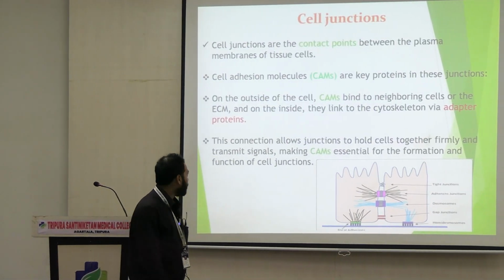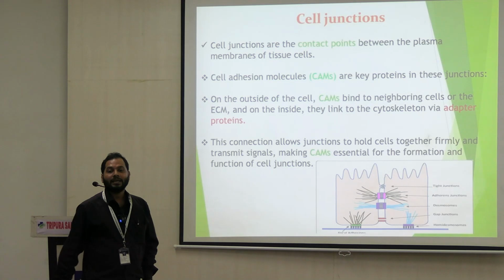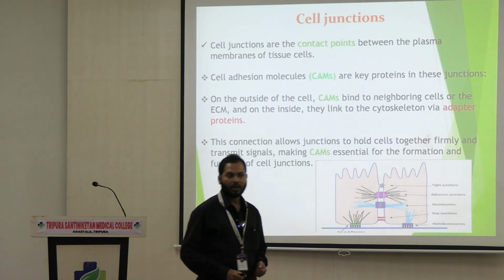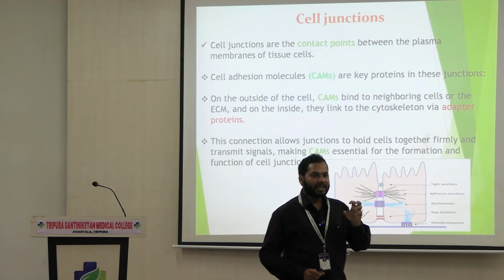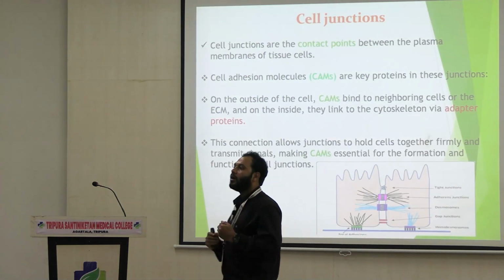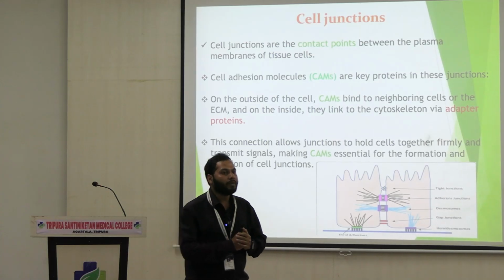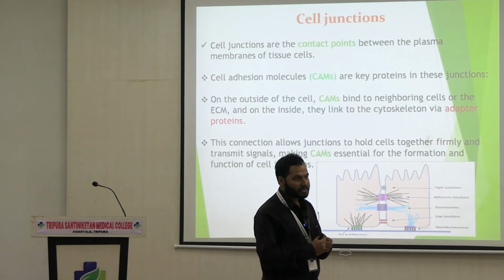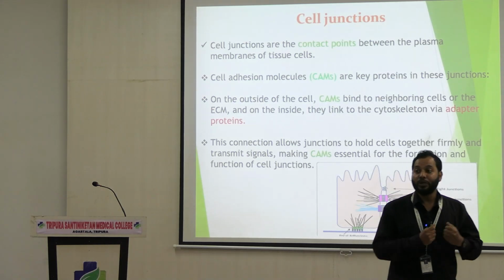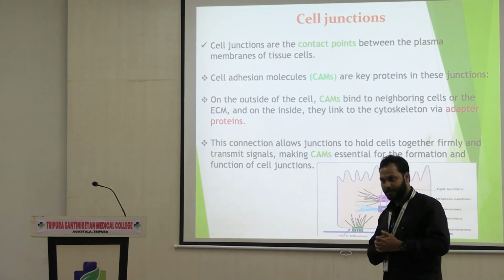Now, moving to the main point, cell junction. It is the connection between cells, and that connection occurs at a specific site of the cell membrane. That connection occurs between cell and cell, and between cell and cell matrix, right?